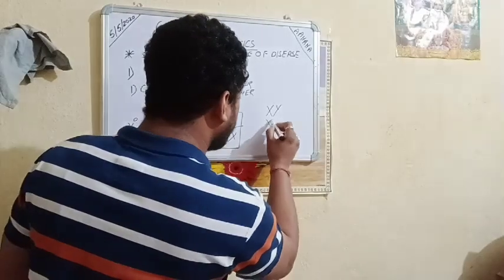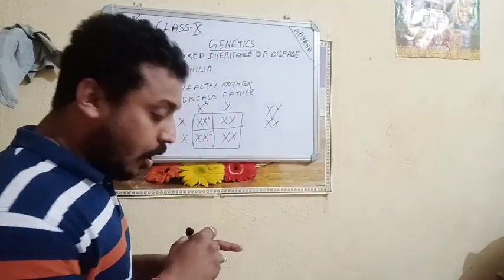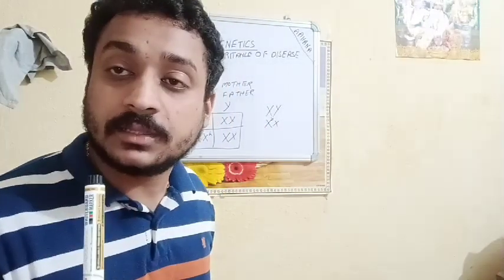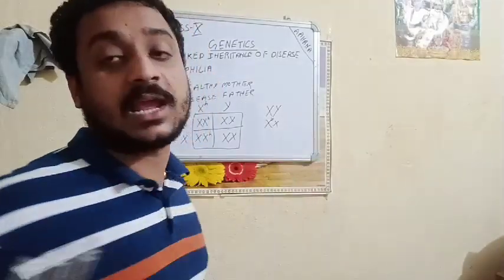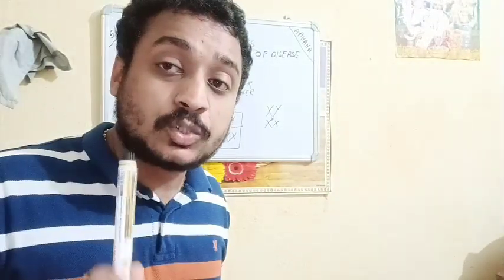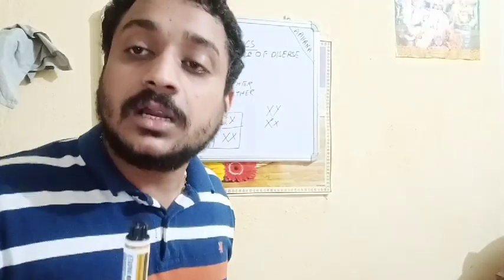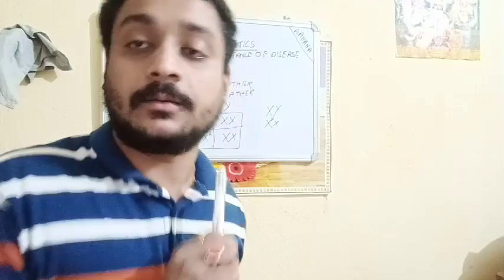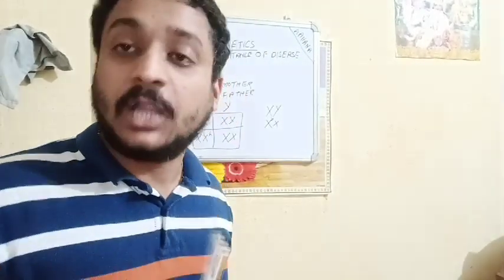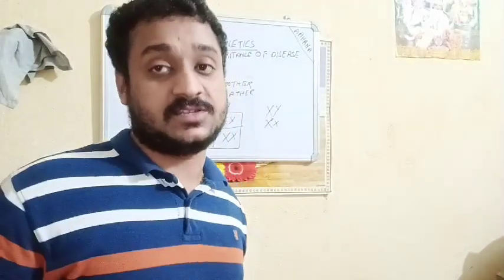In XX, if anything is happening to only one X chromosome of the mother, the other X chromosome can tackle it, no problem. If only one X chromosome of the mother is affected or altered, the girl will only become a carrier. That female group will only become a carrier. It will carry the genes, but symptoms or the disease will not be expressed.